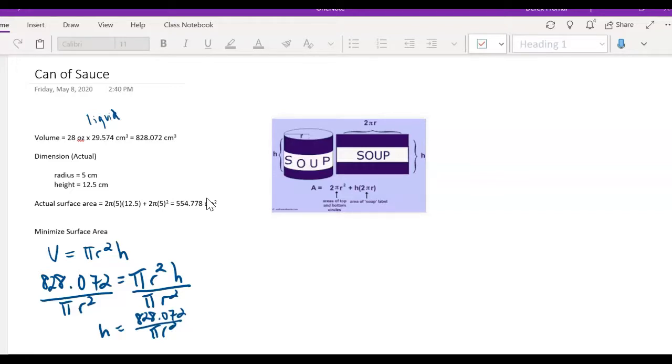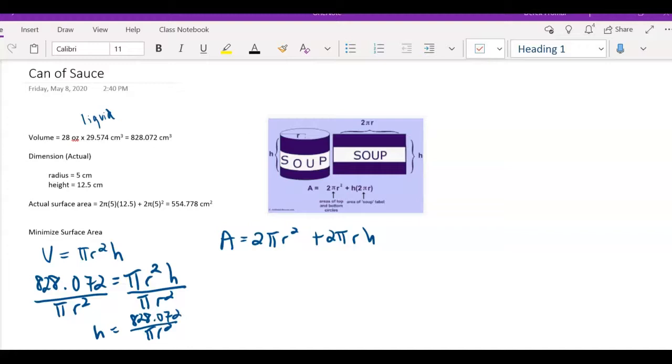Now, just like the previous example, when I go to find the minimum surface area, I need to replace the 5 and the 12.5 with a variable. So I'm going to give you a second to try and figure out what that would be. So the formula I'm using is coming straight from the picture. I'm now going to replace h with this expression.